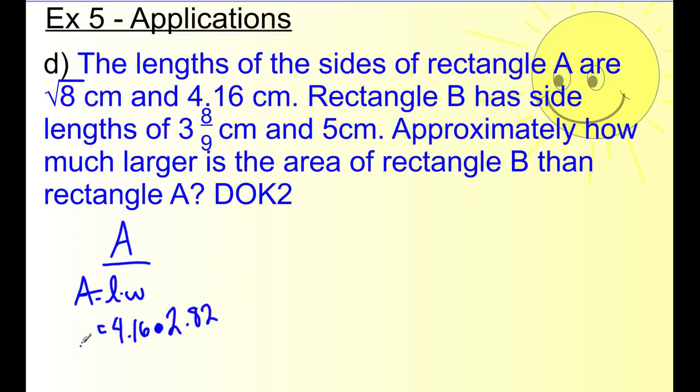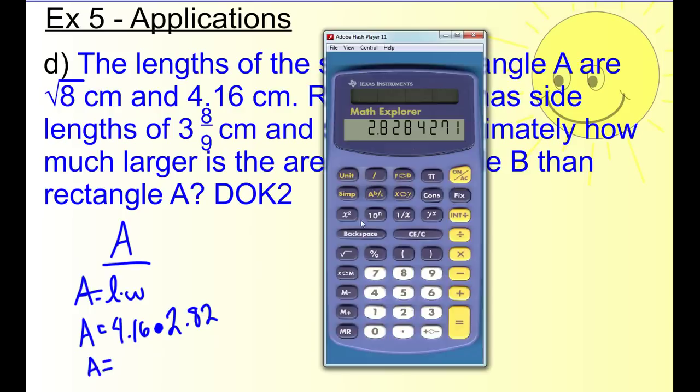And if I multiply those two things together, that would give me my area. So let's see. 4.16 times 2.82, approximately 11.73.